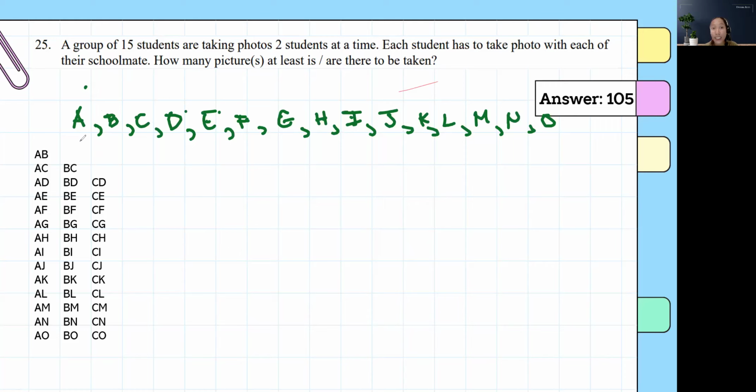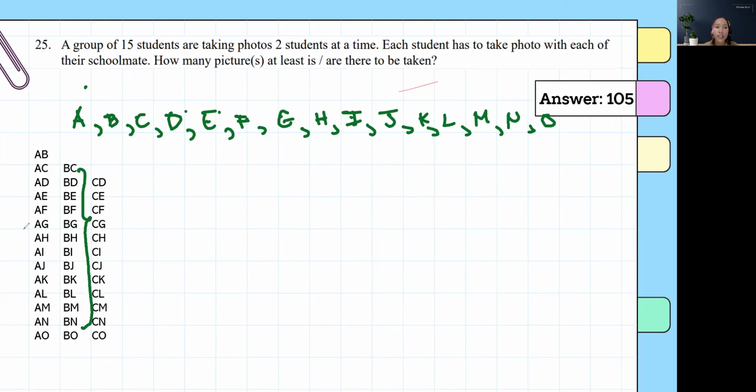It's somehow the same as the lines we did earlier. He can't be paired up with himself, so there's no such thing as BB. So we have this list right here if B is paired up with everyone.